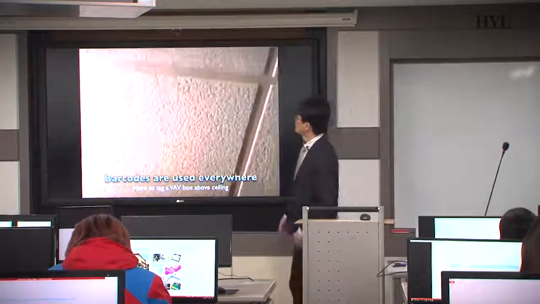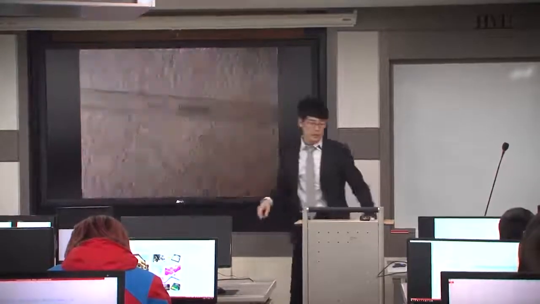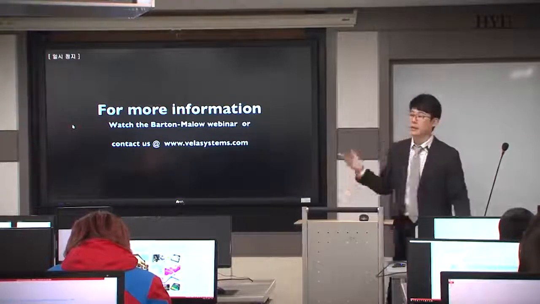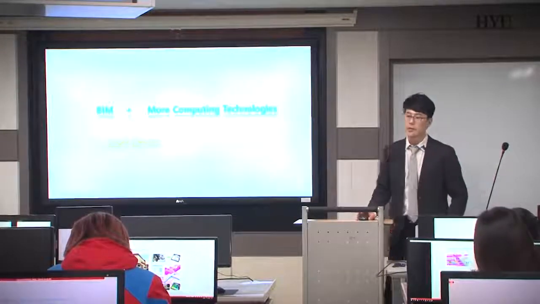So if you find this kind of barcode here, this means there is something behind that ceiling structure, some type of object, and so on.